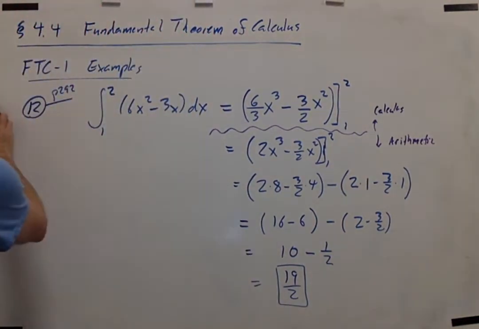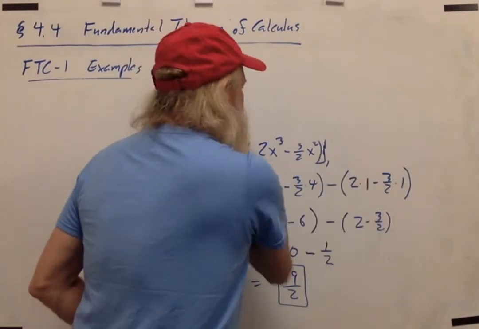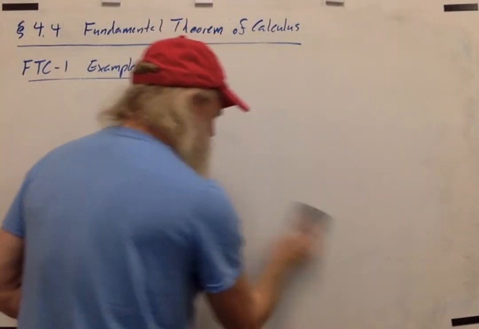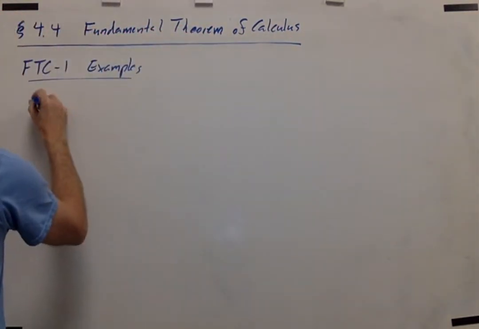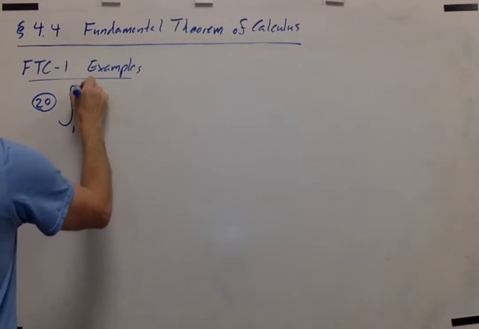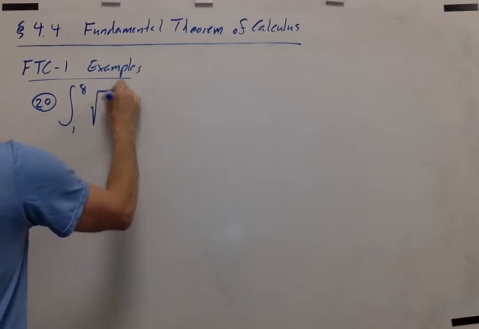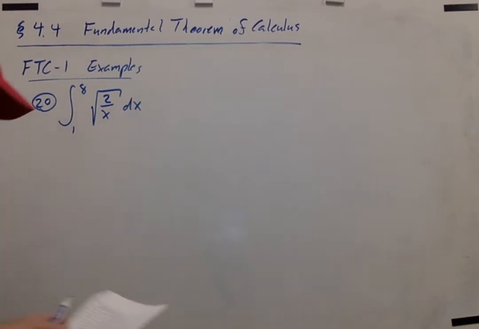Here's another example. This is problem number 20. The integral from 1 to 8 of the square root of 2 over x. So first of all, let's see if we can rewrite this to make it easier to find the antiderivative.